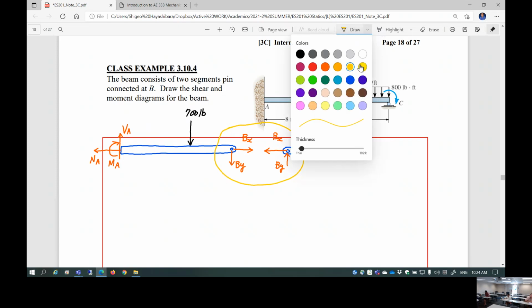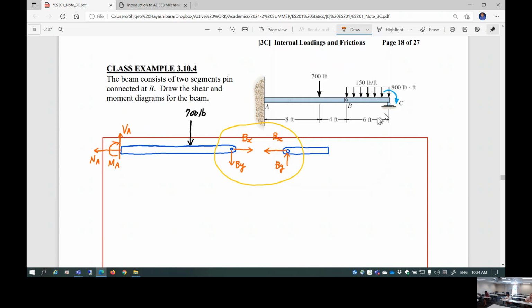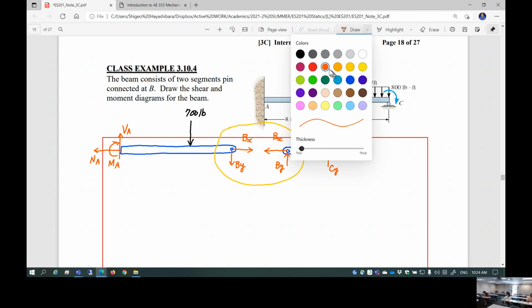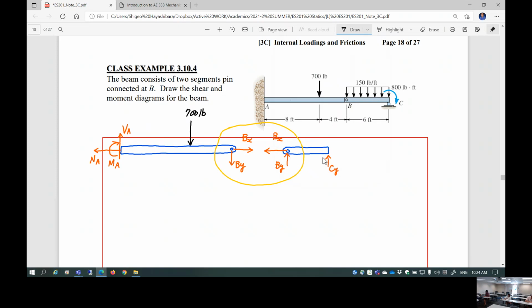And right here, you have unknown support reaction Cy. Don't forget the external moment applied here. This is 800 pound-foot. There we go. So this is a free body diagram of two bodies, completely disassembled. Actually, don't forget the distributed loading.